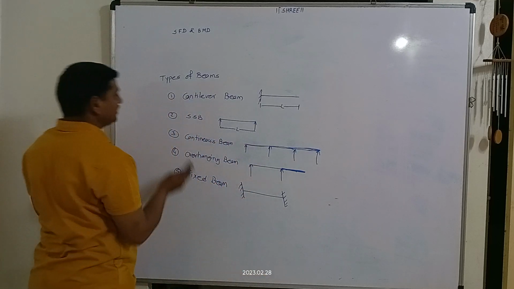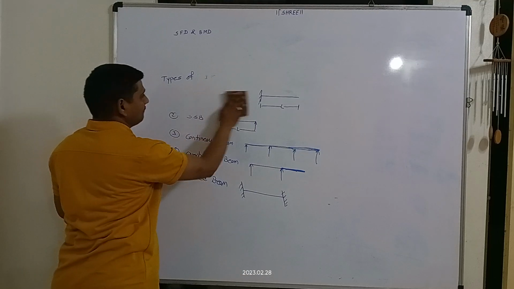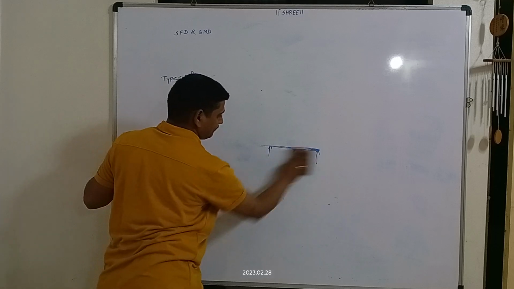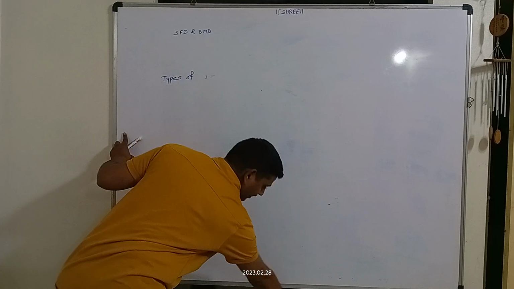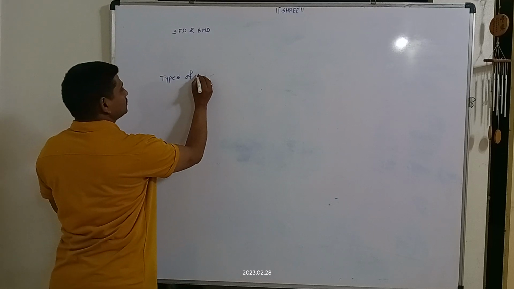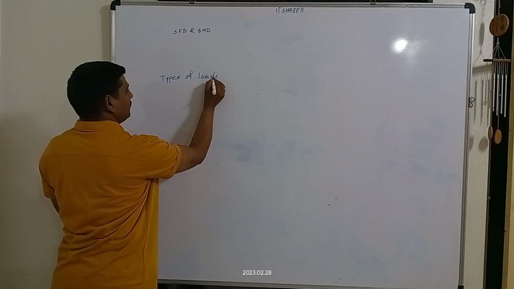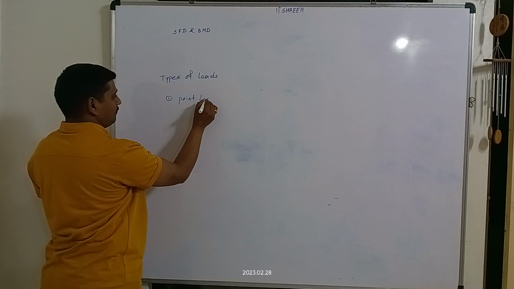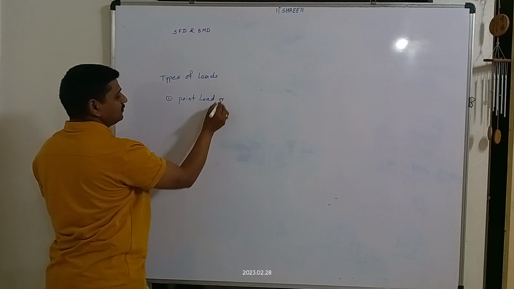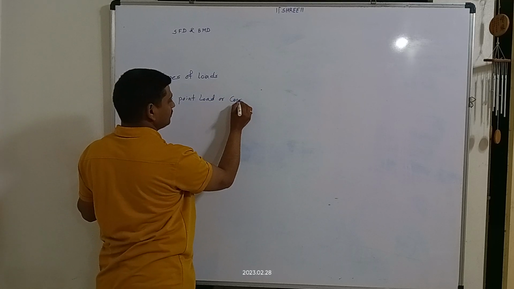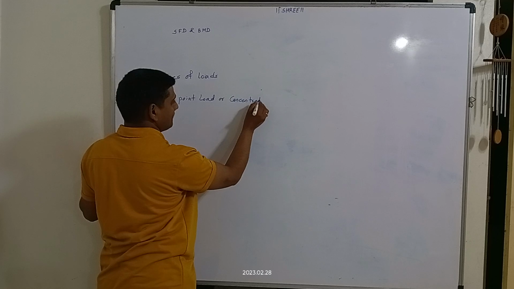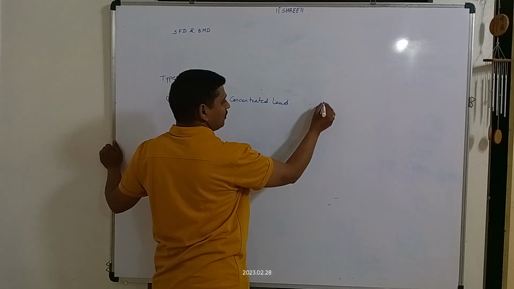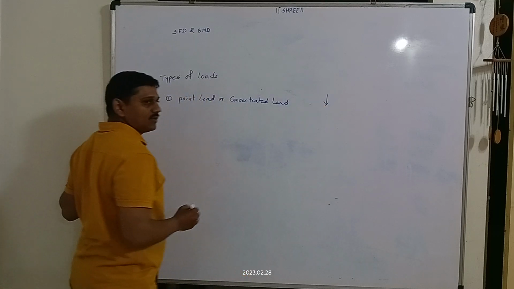The next point is types of loads. First one is point load, or we can say it as concentrated load. It is shown by a dot or simply one vertical arrow mark.